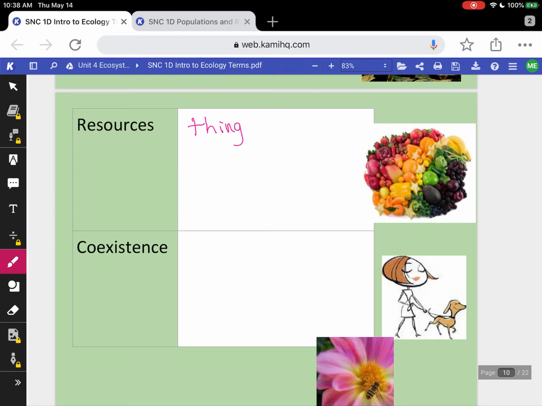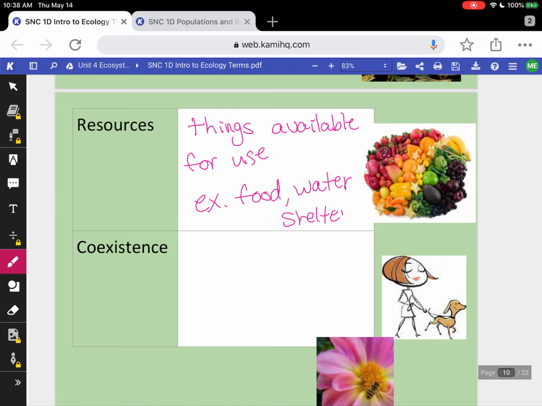Okay, now resources. So resources are going to be things that are available for use. And so some examples here would be the food that's available for our species, water, shelter. Okay, things that are available for our animals or organisms or living things to use.